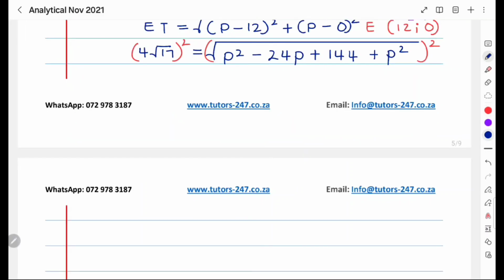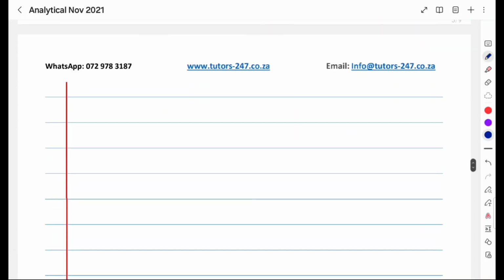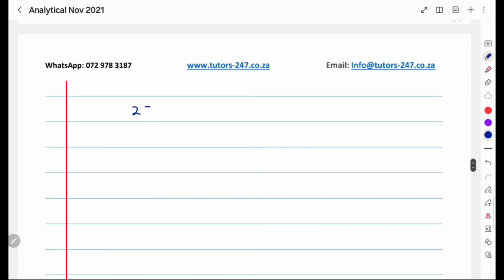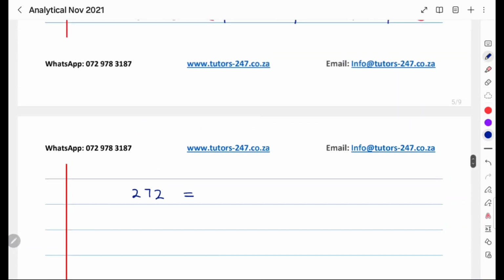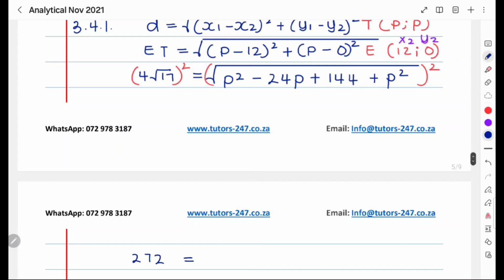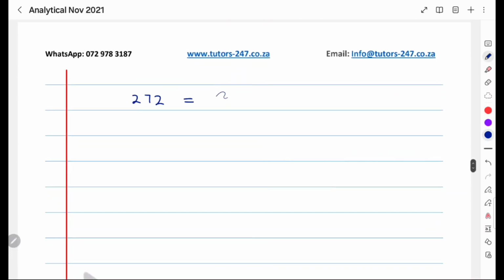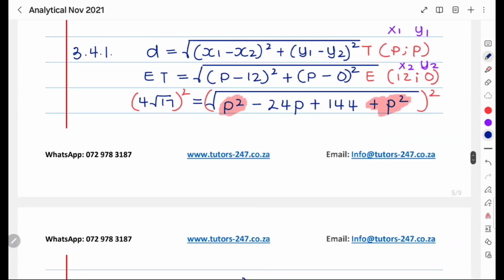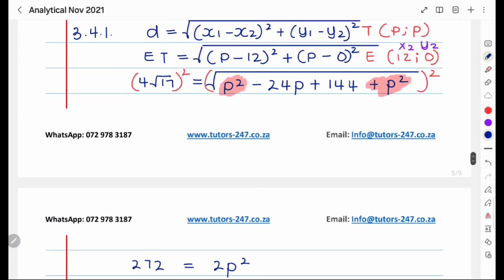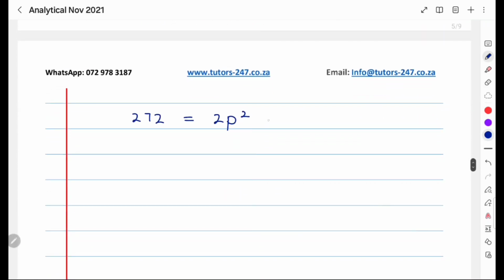For the left-hand side, the square root of 17 all squared is equal to 272. And that is equal to, so here we're going to add the like terms, p squared and positive p squared. That is going to give us positive 2p squared. Then we just bring down the remainder, which is negative 24p plus 144.